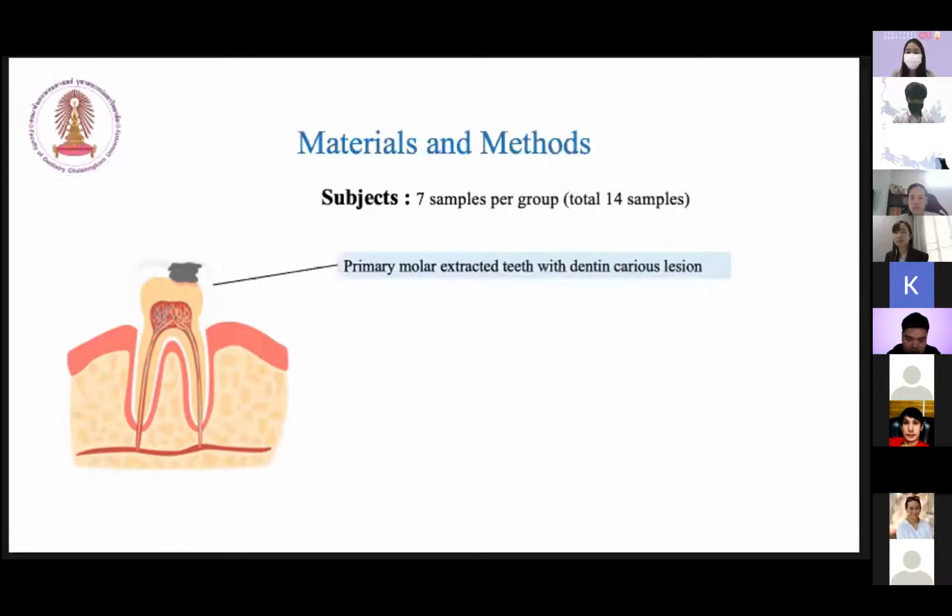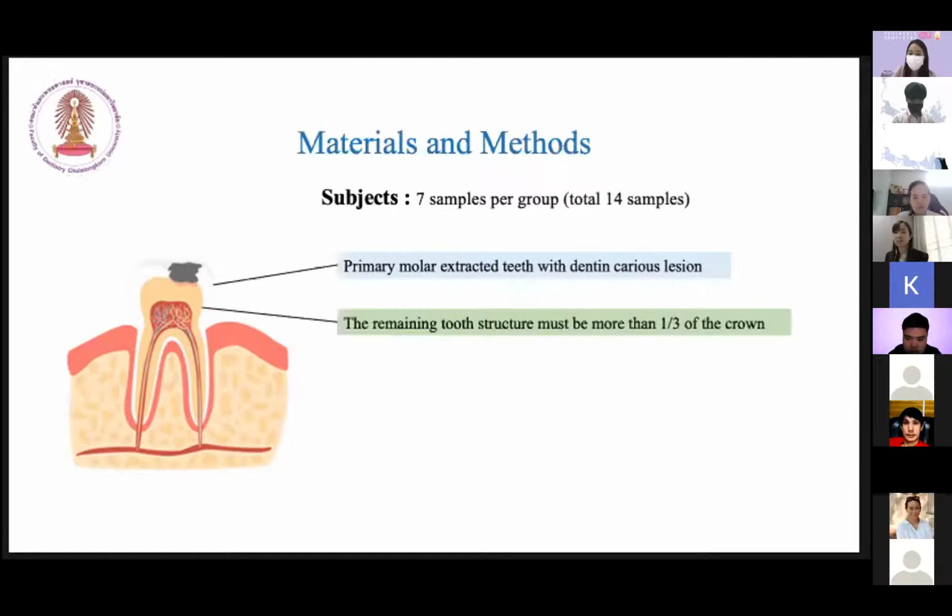Or if carious lesion did not expose to the dental pulp, a lesion must invade to dentin from visual examination. The remaining tooth structure must be more than 1/3 of the crown, and the roots of the teeth must be at least 1 mm in length.